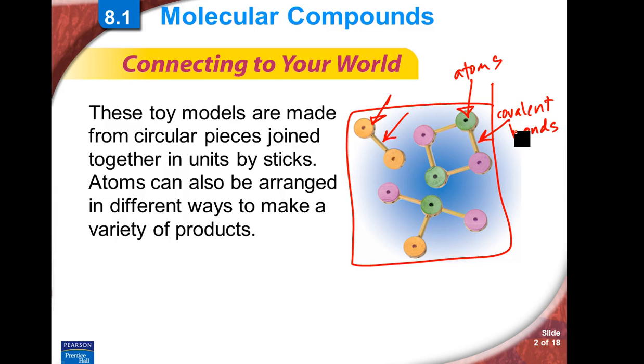And we produce a variety of products. Notice we have the two-membered one. We have one that has 4, but is a different shape than the other one that has 4. And so we can get many different things out of these, depending on what we put together. What kinds of atoms? Now we have pink and green and yellow here, as well as how we organize them within the molecule.